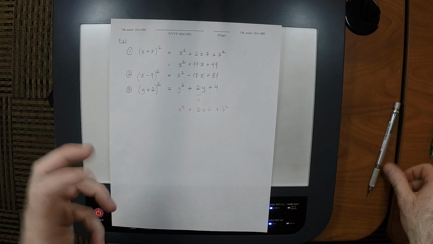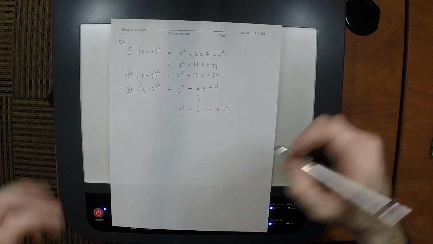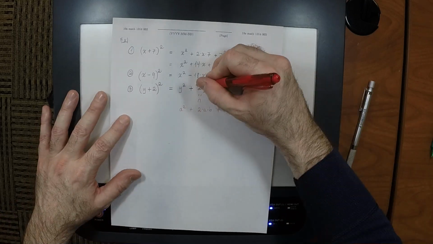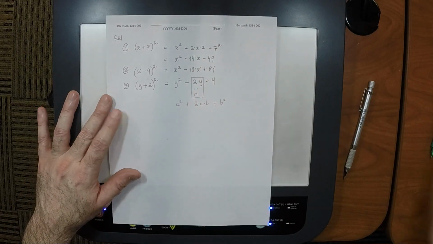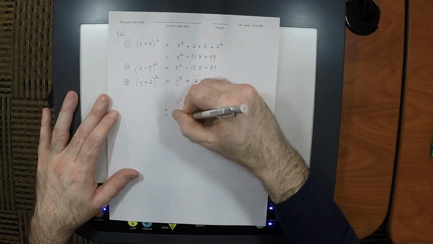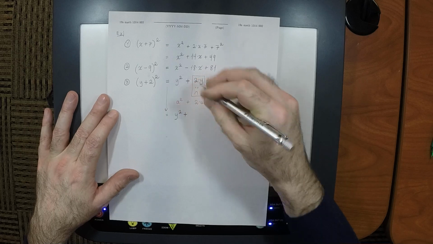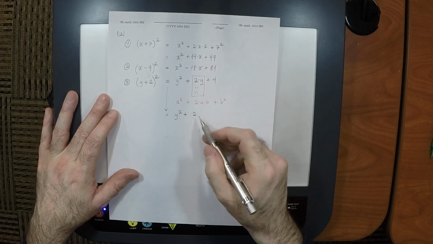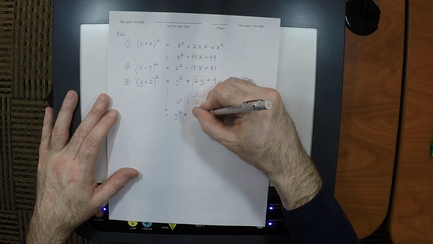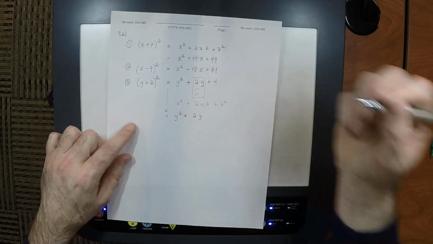And then when you try to do it in your head, what appears to be happening to students who make this kind of error is something like this: they say, okay, this will be y squared, and then plus twice, and then the first thing times the second thing, and then they look at that and say, okay, I got a y, and then 2, wait, did I already have a 2? I don't know.